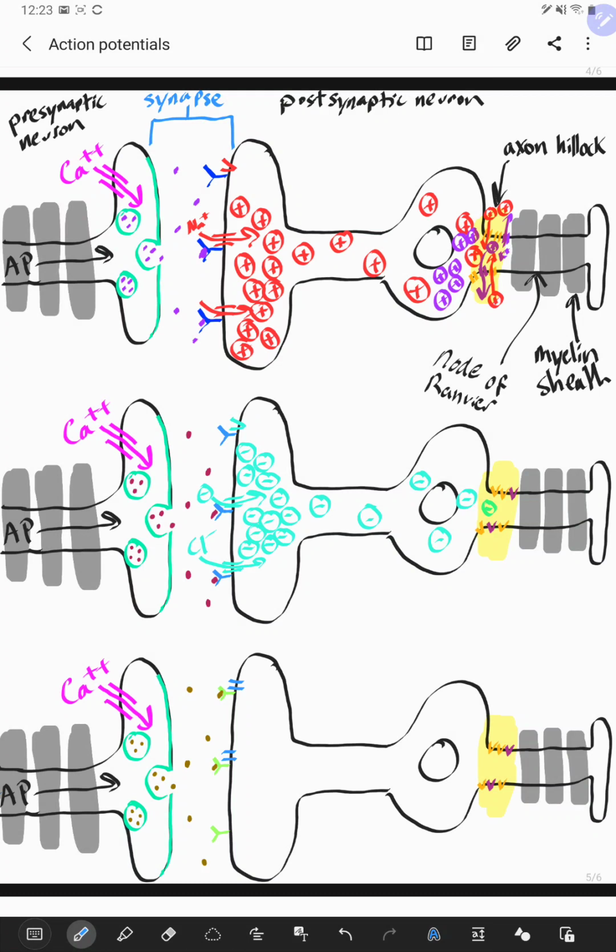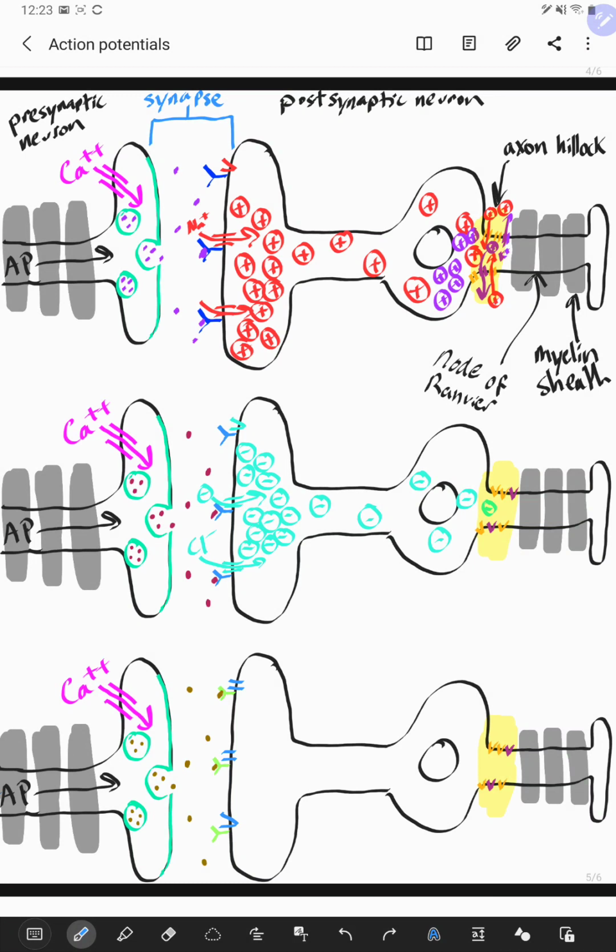Again, a ligand is just something that binds to something else. So when the neurotransmitter binds to the receptor, it opens these ligand-gated ion channels. They are closed, but when a neurotransmitter binds to the receptor, they open.